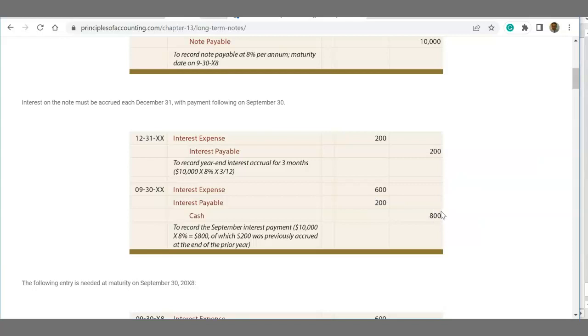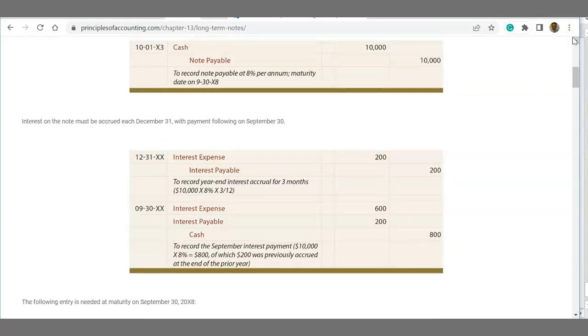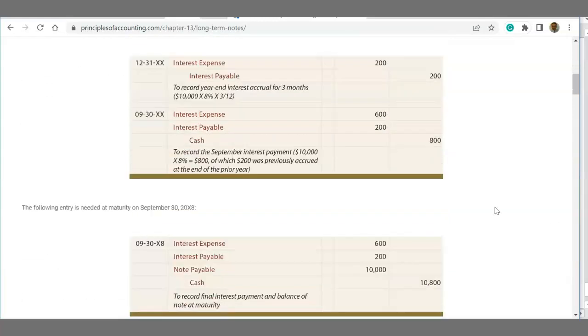Total $800 interest on $10,000 borrowing based on 8% annual interest rate. So far, so good. We record the interest liability in the middle of the year because of preparing financial statements, and then pay interest on an annual basis. Remember, the principal will be paid in 5 years.